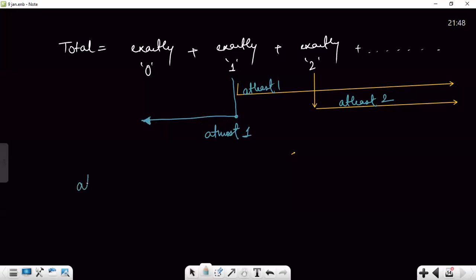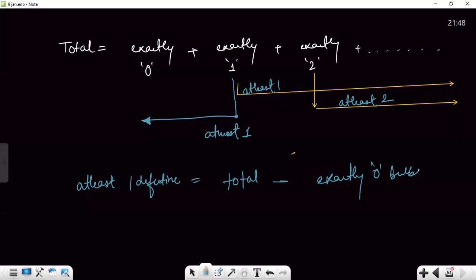To find at least one defective, we can find the total cases, the probability of total, which is actually one, minus getting exactly zero defective bulbs. So at least one defective can be written as the probability of the sure event, because that's the universal set.